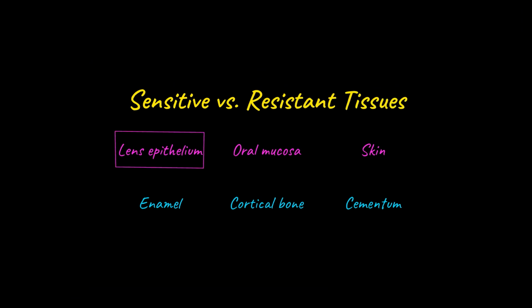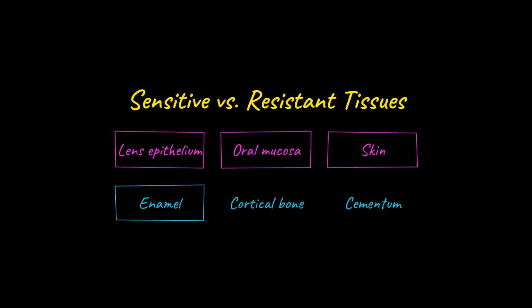Applying that principle, the lens of the eye, oral mucosa, and skin all contain actively dividing cells, placing them on the sensitive end. Enamel, cortical bone, and cementum are mineralized, mature, and non-dividing, so they sit at the resistant end.